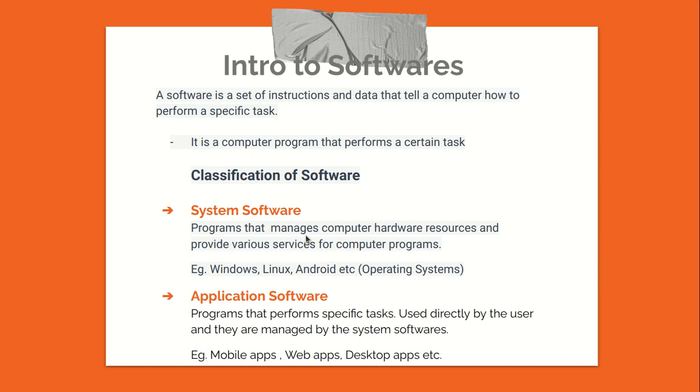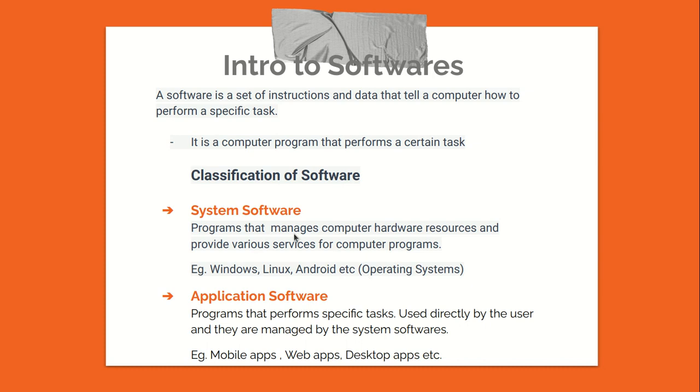For example, for Android, this is the reason why we have different apps for Android and other apps for iOS. This is because the application itself is managed by the system software, and we have classified an operating system as an example of a system software.